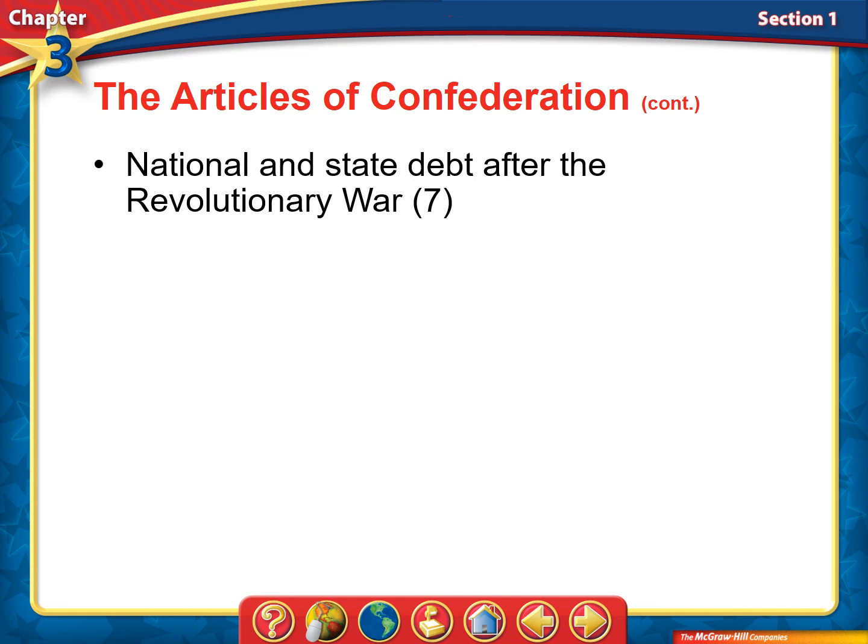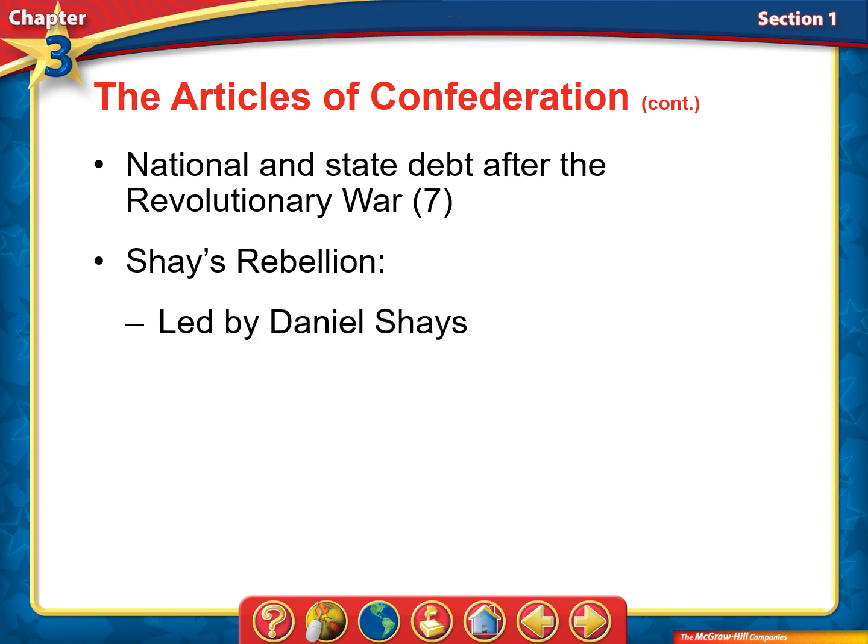And so we had debt. From the very beginning of our country's history, we had debt. And so the Confederation Congress needed a way to raise those funds. And so we were going to try to levy a tax on the people.